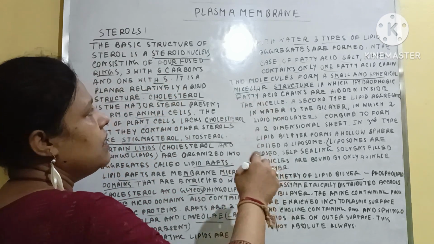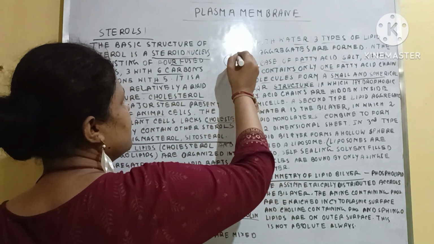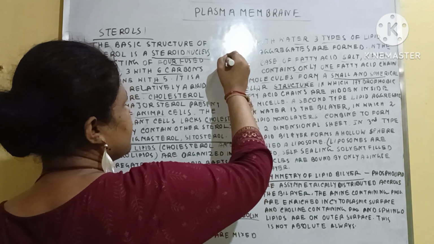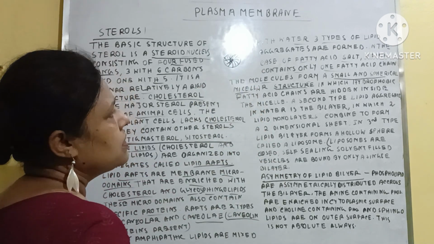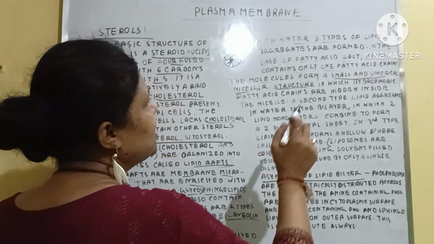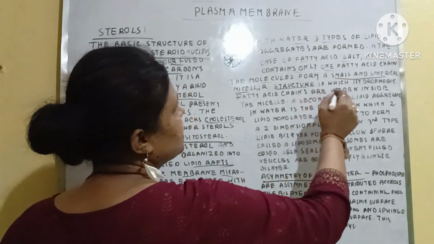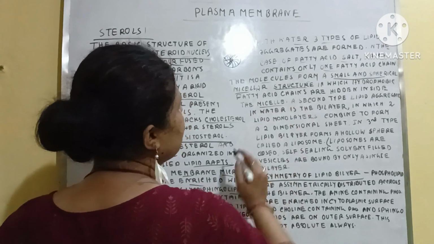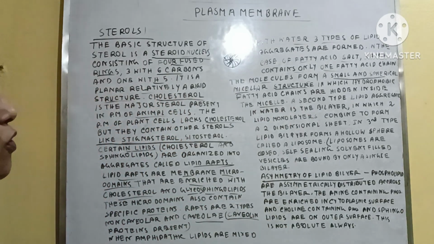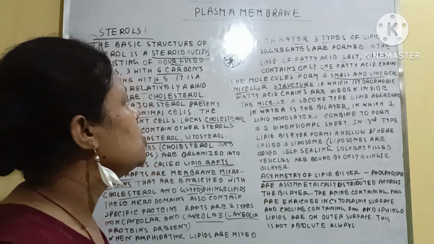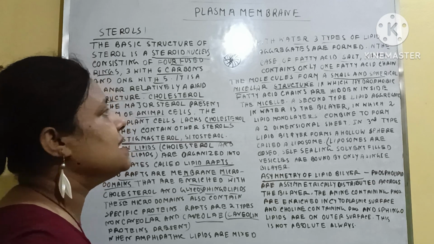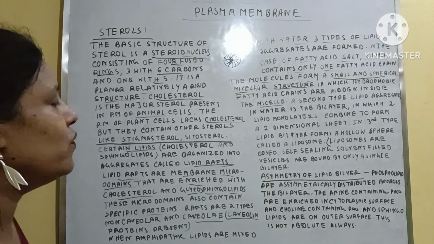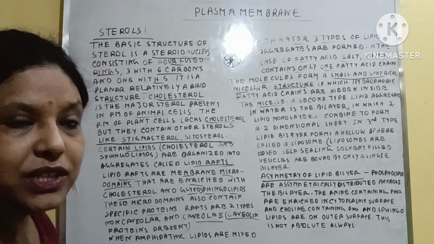Clear? The hydrophobic fatty acid chains, which are averse to water, are hidden inside the micelle. This is one arrangement seen when lipids are mixed with water.